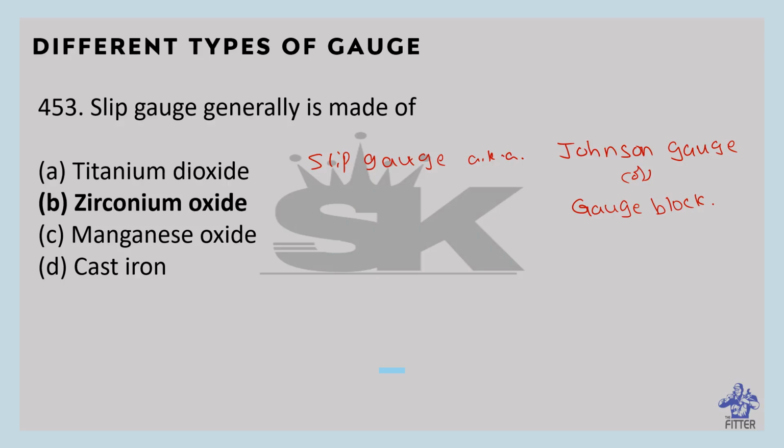It is a solid rectangular block made in sets of high quality tool steel or zirconium oxide. I mentioned here, or tool steel. The two opposite measuring faces of each block are lapped.